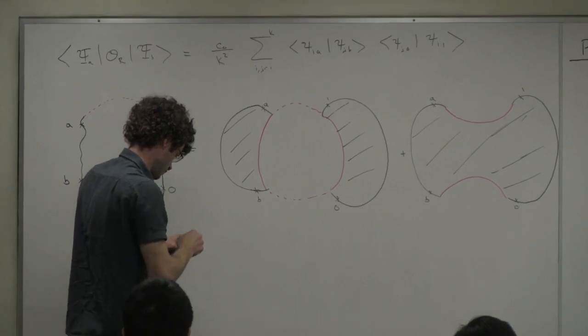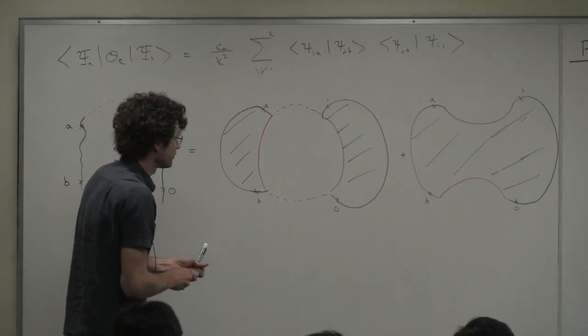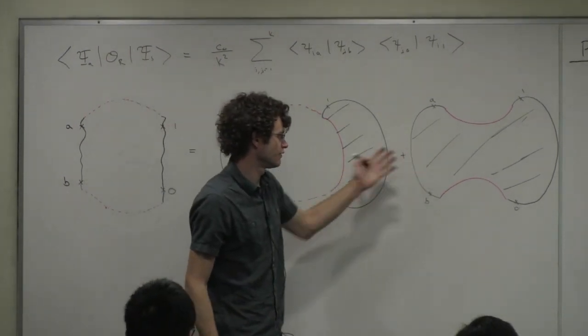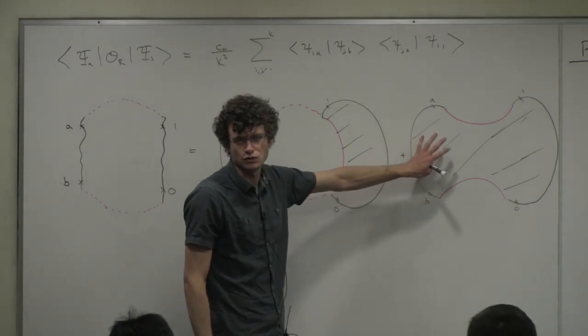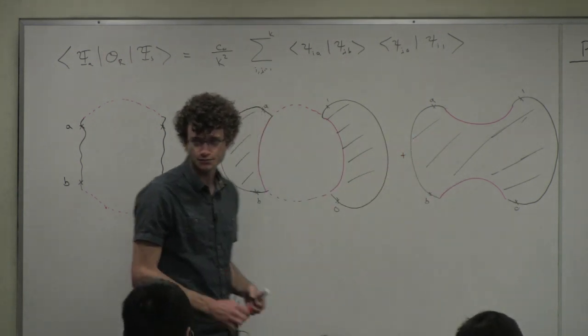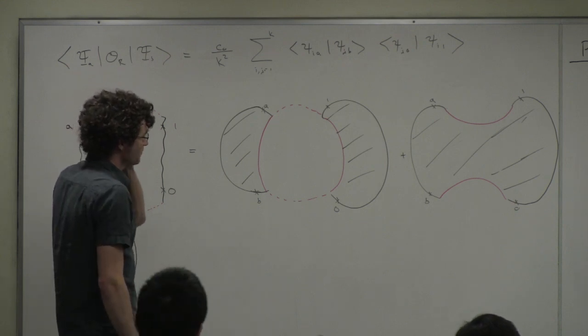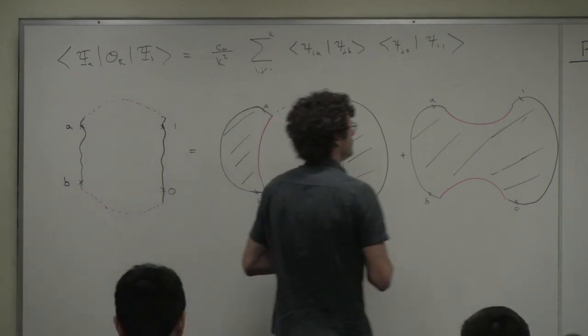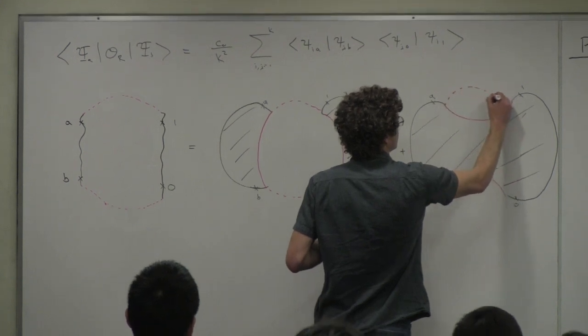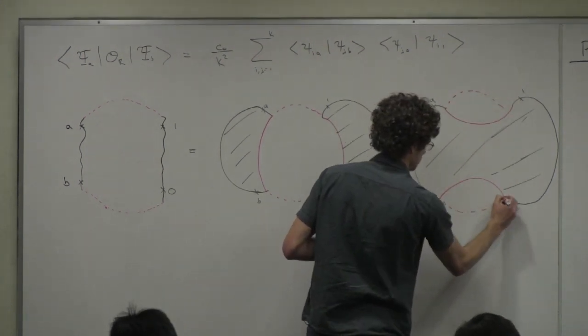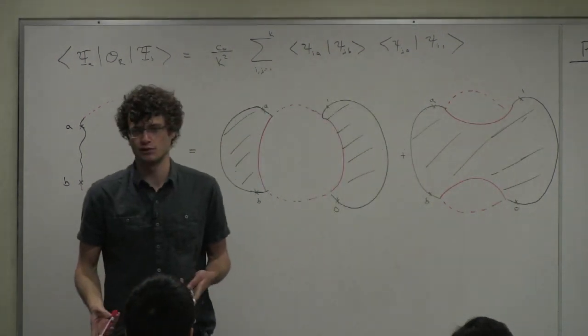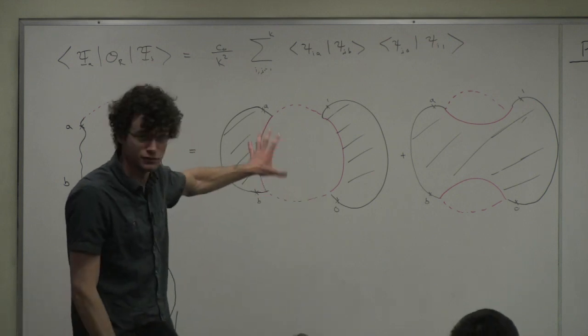So now what we have to do is evaluate these two gravitational computations. Whoops, I forgot the index line here. So there's 3 steps in evaluating these guys here.